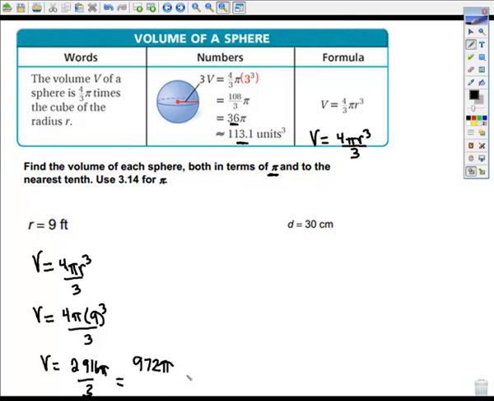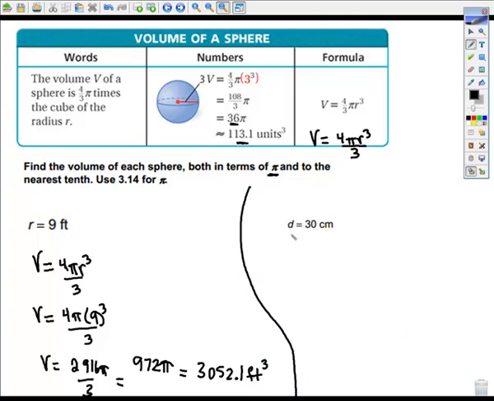So here's my one answer. Now I'll take 972 times 3.14, and this gives me 3,052.1 if I round to the nearest tenth. And this is in feet cubed.